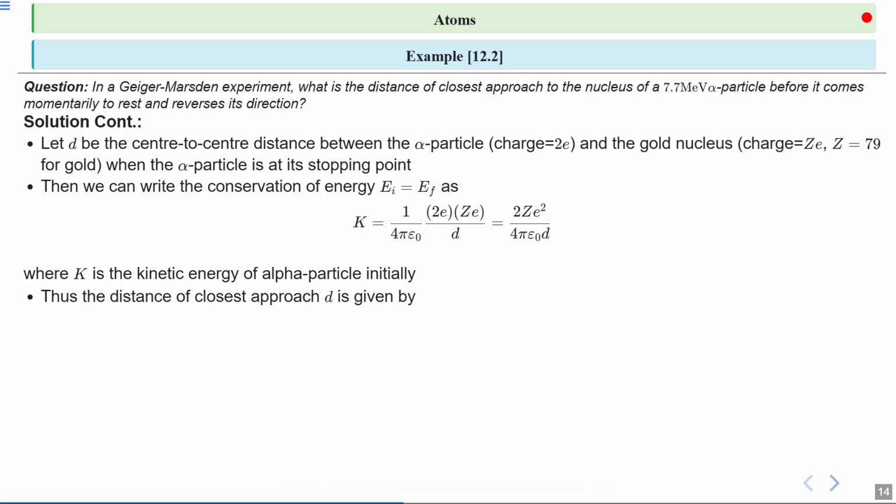Now let's solve for the distance of closest approach D. We are rearranging the equation to isolate D, which tells us how close the alpha particle can get before it stops. This is a direct application of energy conservation in electrostatics.